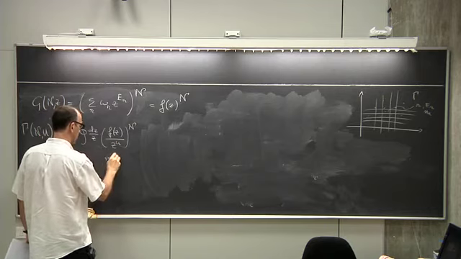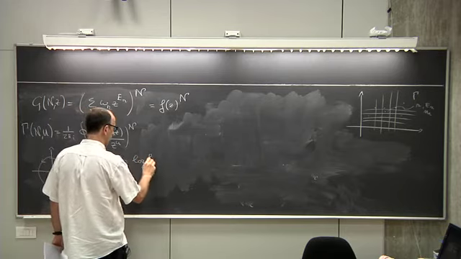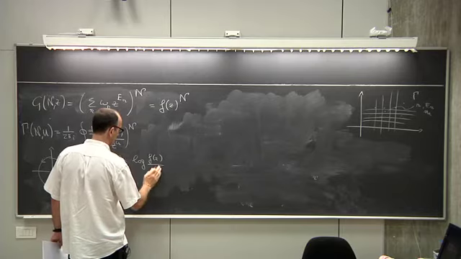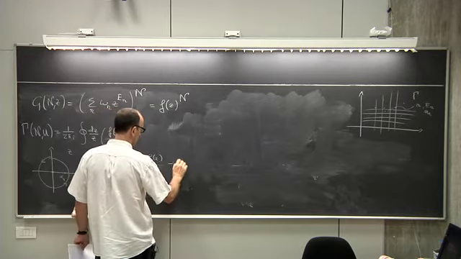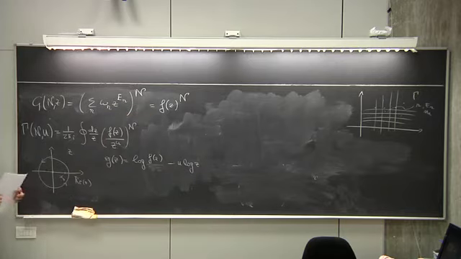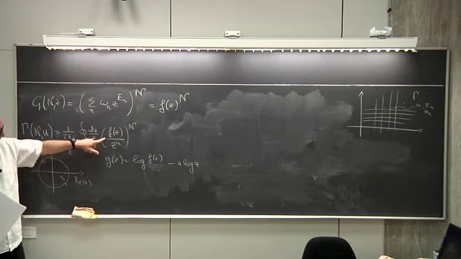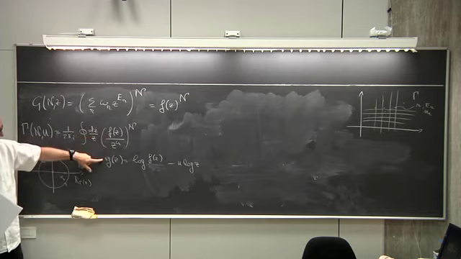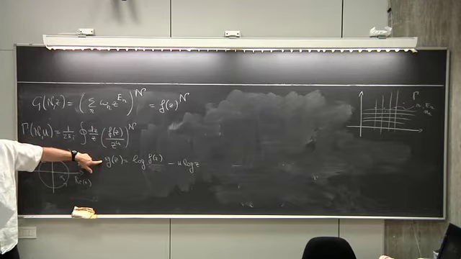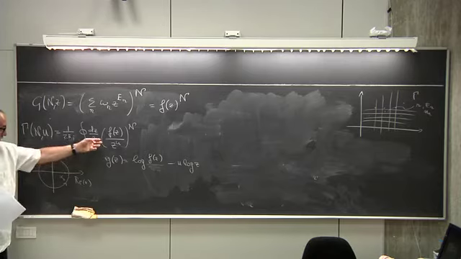So let me define g of z as the log of f of z divided by z to the u, or minus u times log z. Of course, since g of z is the log of this function, if this function has a minimum, this will have a minimum. If it has a maximum, this will have a maximum. So it's the same considering this function as this function.